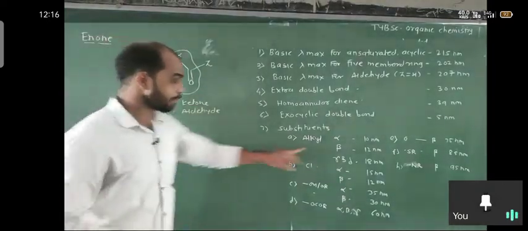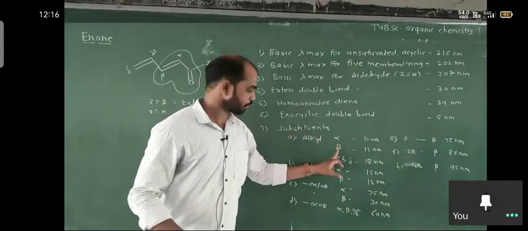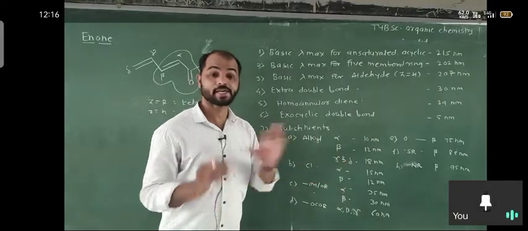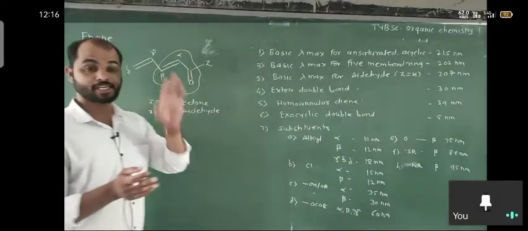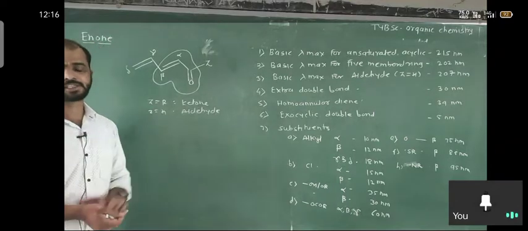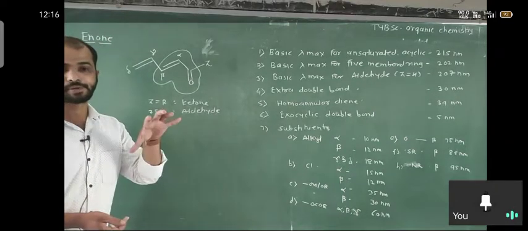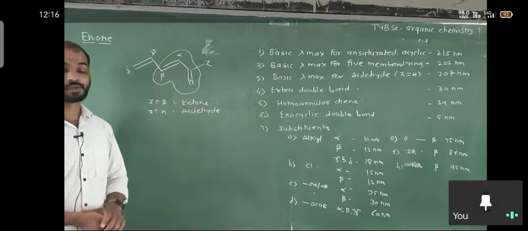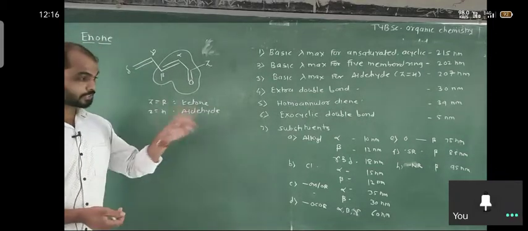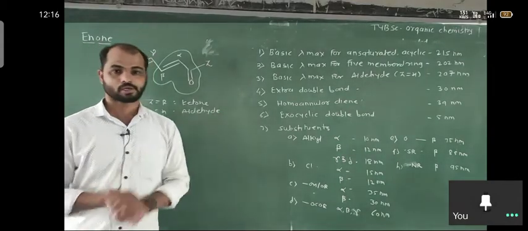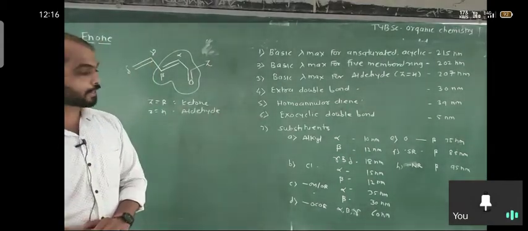Means alpha position shows 10 nanometer, beta position shows 12 nanometer, and gamma or delta shows 18 nanometer. Means in case of diene, we take 5 nanometer for each alkyl substituent which is present on a conjugated carbon-carbon double bond. But here the position is important. For alpha there is 10, for beta 12, and for gamma and delta there is 18 nanometer.